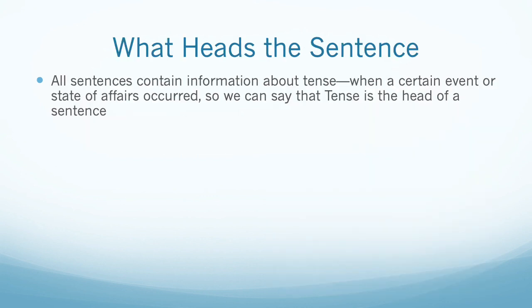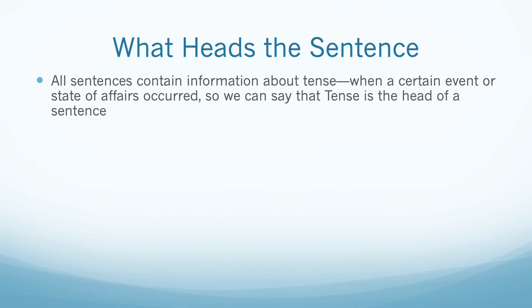So if a noun is the head of a noun phrase and a verb is the head of a verb phrase, etc., what is the head of an entire sentence? Syntax has made some developments in this regard. One of the solutions to this problem is to use tense as the head of a sentence, as in past tense, present tense, whatever it is.